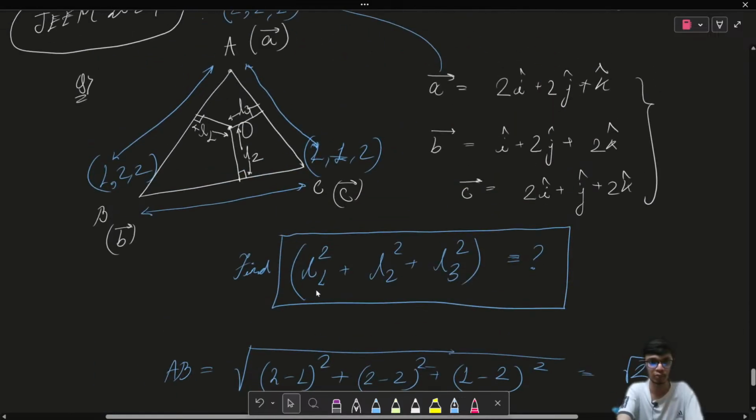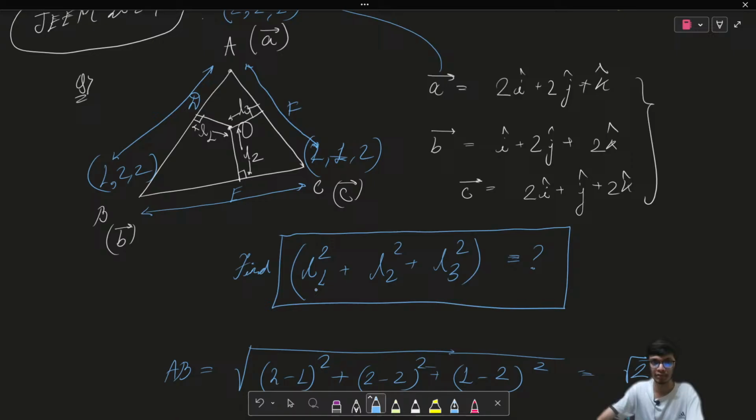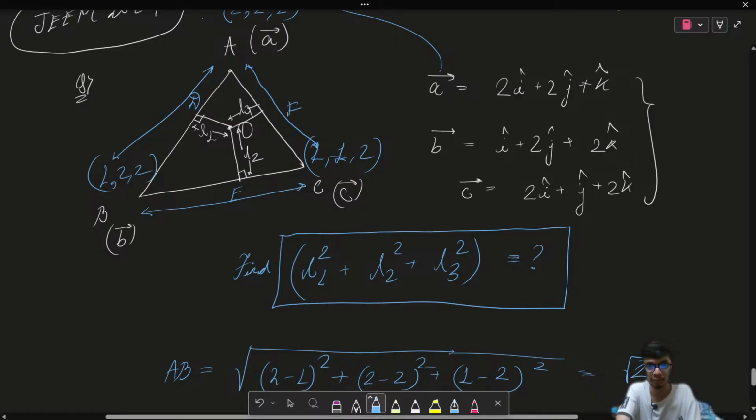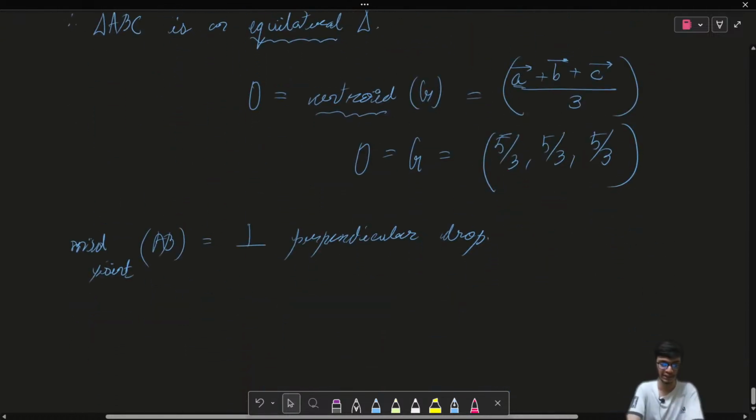If I name those points D, E and F, I just need to find L1 as OD, L2 as OE, and L3 as OF. So I just need to find those particular distances.